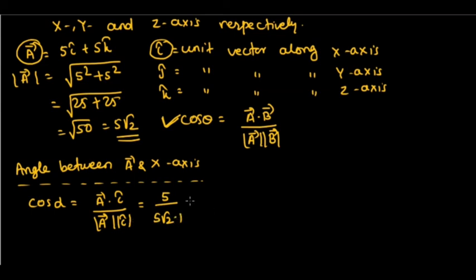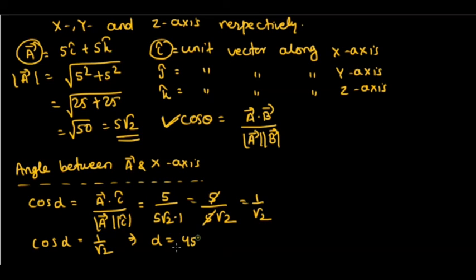So 5 by 5 root 2, 5 cancels, 1 by root 2. So cos alpha is 1 by root 2. That implies alpha is 45 degree or pi by 4. So the angle between a vector and x axis is 45 degree.